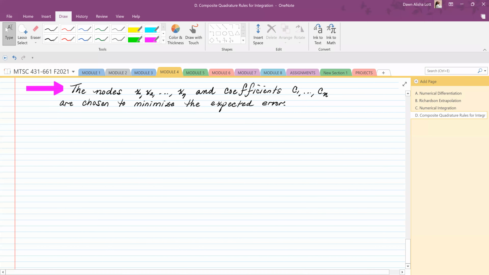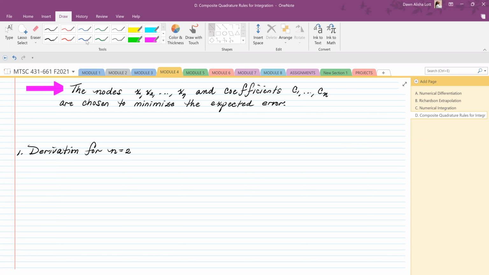All right, so here's the derivation for n equals 2. This is actually rather cool.